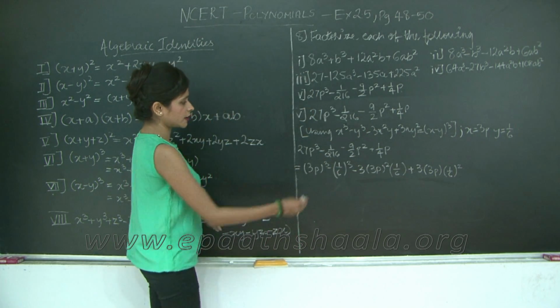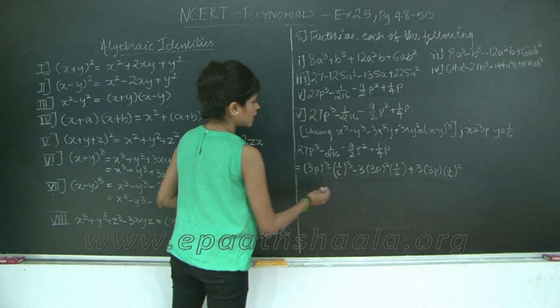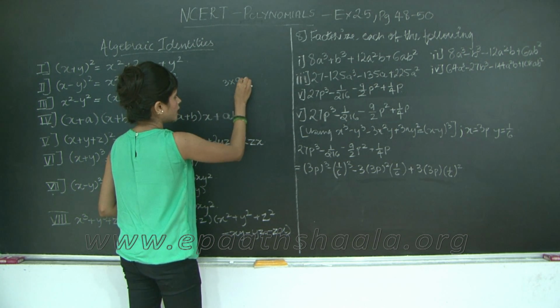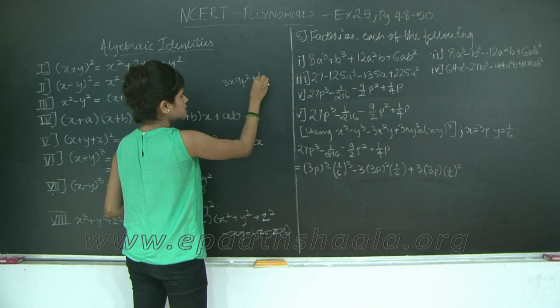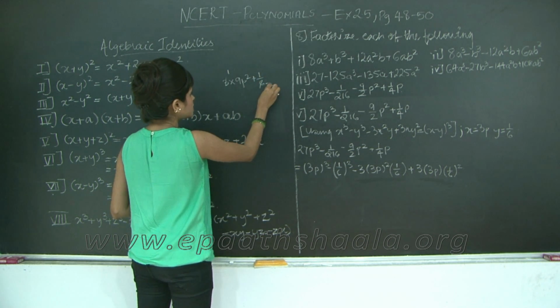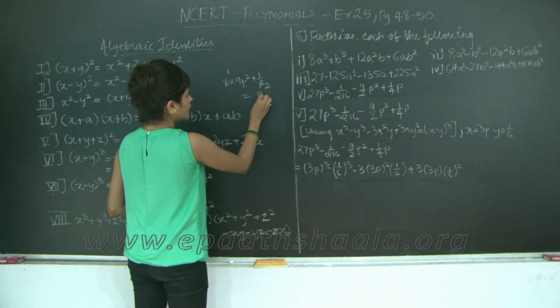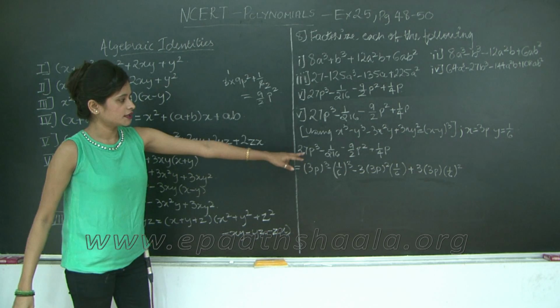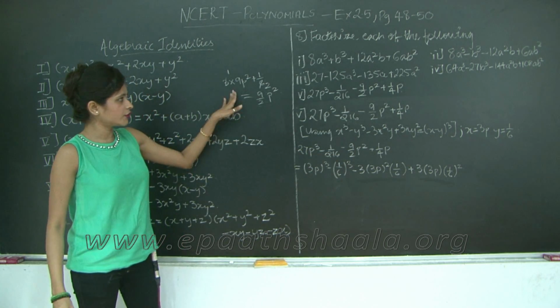So let's take the first one. You have 3 into 3p square, which is 3 into 9p square into 1 upon 6. So 3 1s are 3, 3 2s are 6. This is equal to 9 upon 2 p square. See, we have 9 upon 2 p square. Agreed?